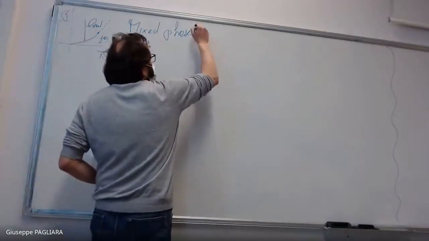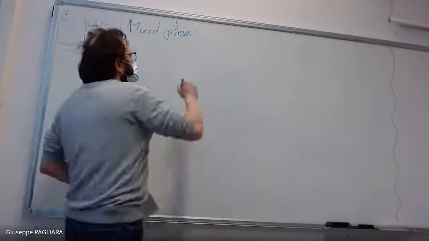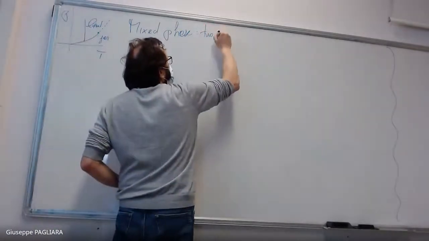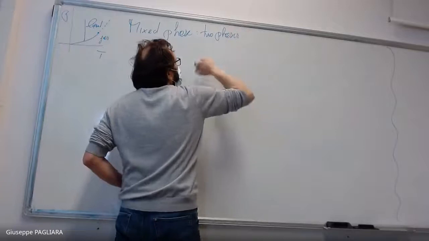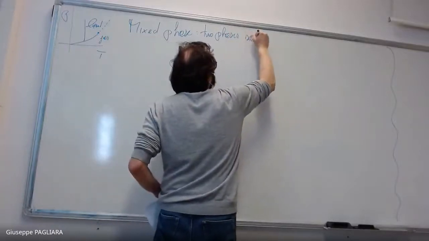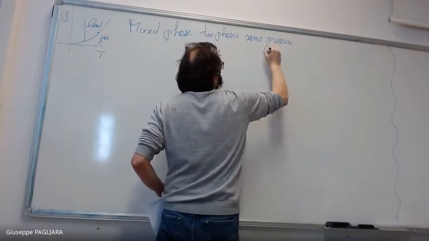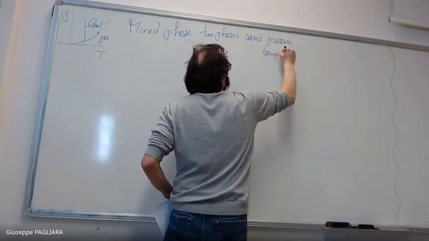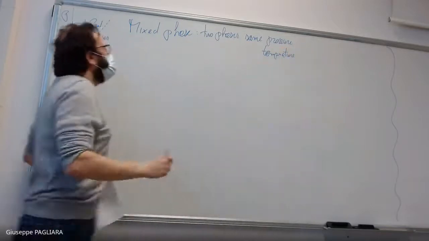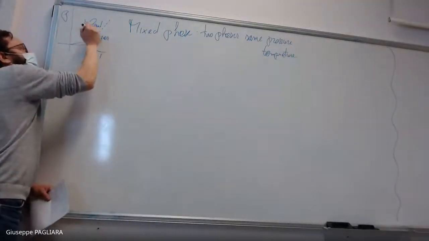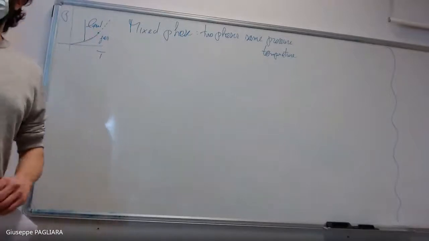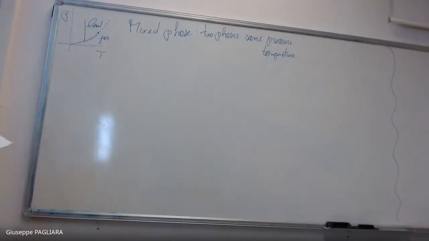The mixed phase is composed of two phases which have the same pressure and the same temperature, because you are sitting exactly on one of these points belonging to the first order phase transition line. And now we will see that actually they also have the same chemical potential, as it should be in thermodynamical equilibrium.